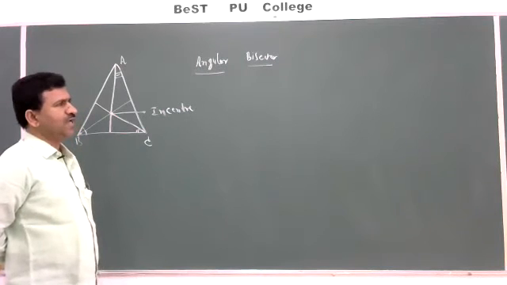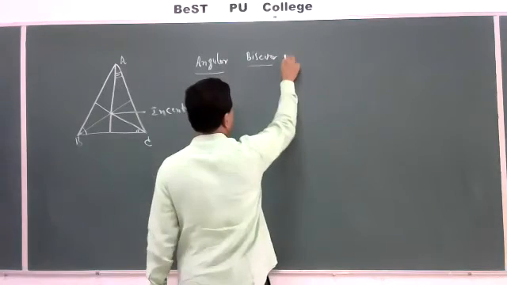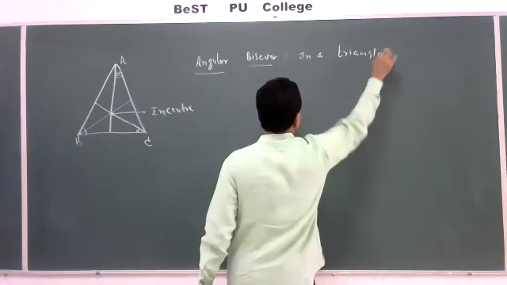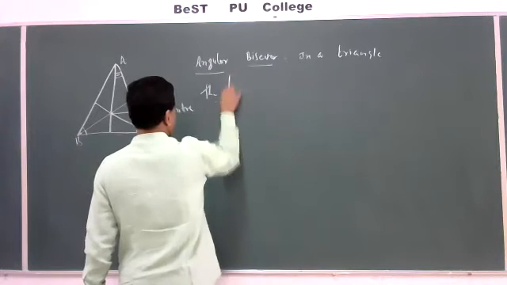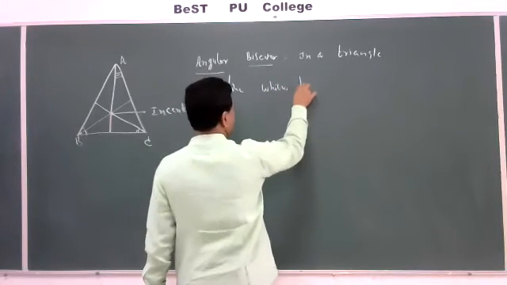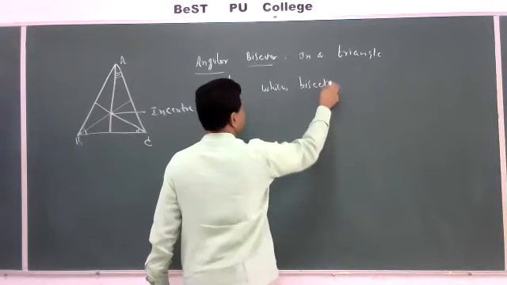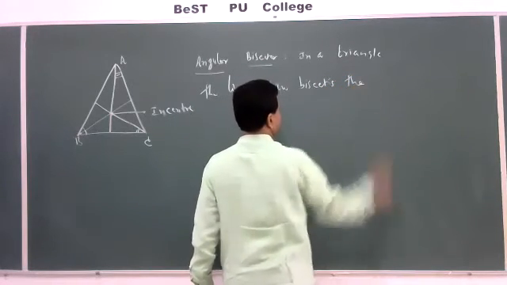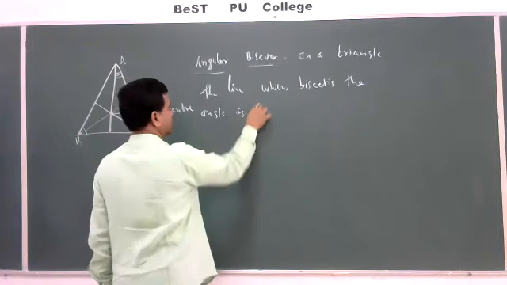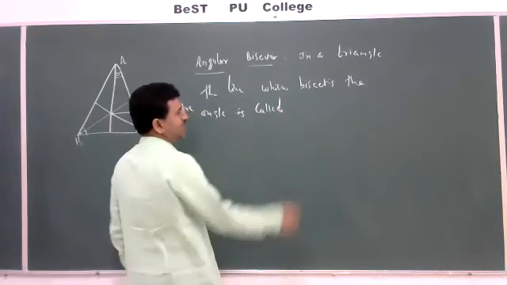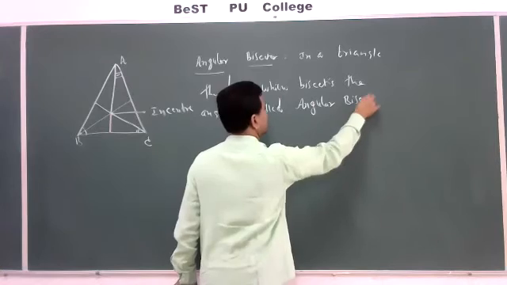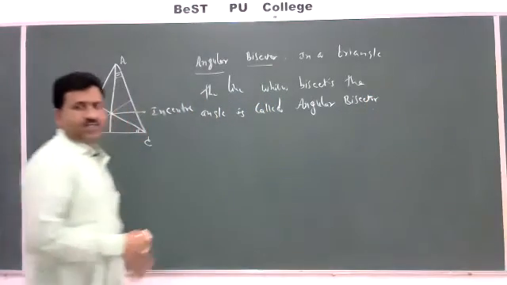In a triangle, the line which bisects the angle is called angular bisector.